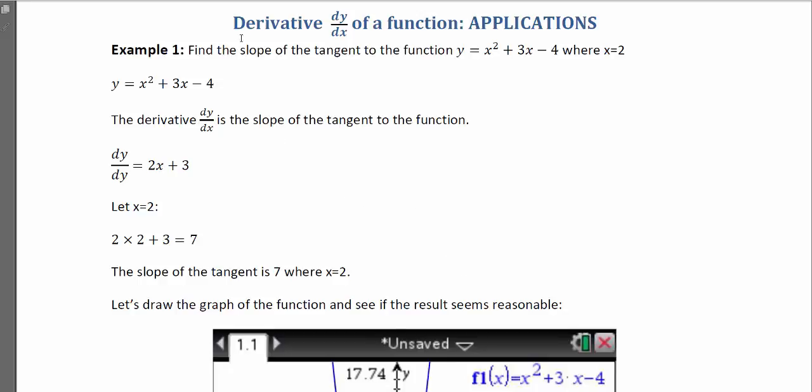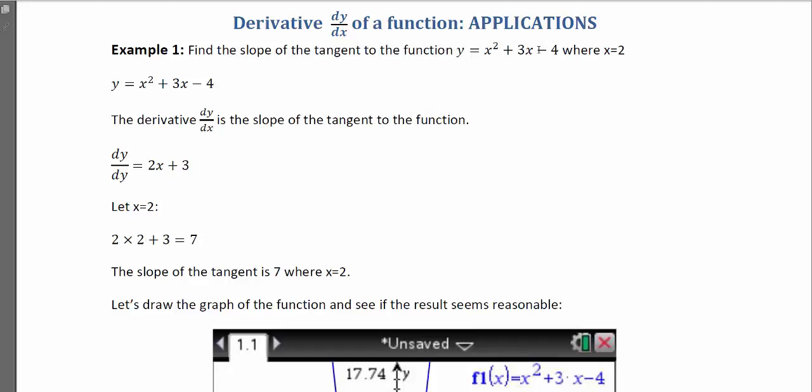Okay, let's have a look at the derivative of a function and its applications. One of the most common applications is that we can find the slope of the tangent for any given value of x.